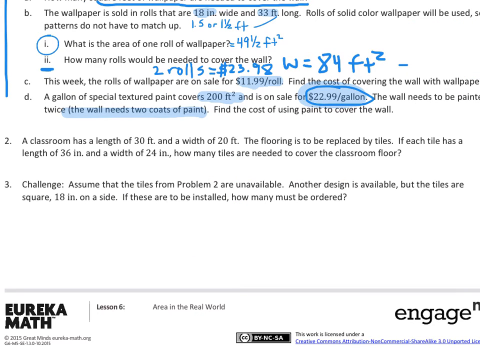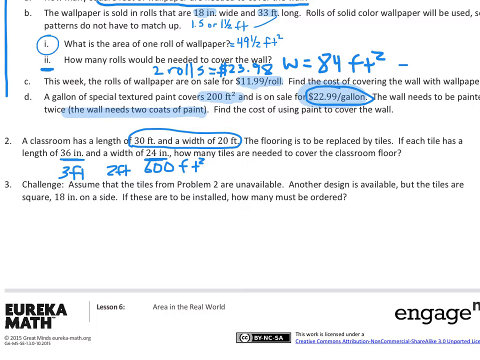Okay, question 2 is kind of a 3-step process. First, find the area of the classroom, which is going to be 600 feet squared, because 30 times 20 is 600. And then we need to transfer the 24 inches and 36 inches into feet. 36 inches is 3 feet, because it's 12, and 24 is 2 feet. So you need to make sure to get to like units, since we're dealing with feet.